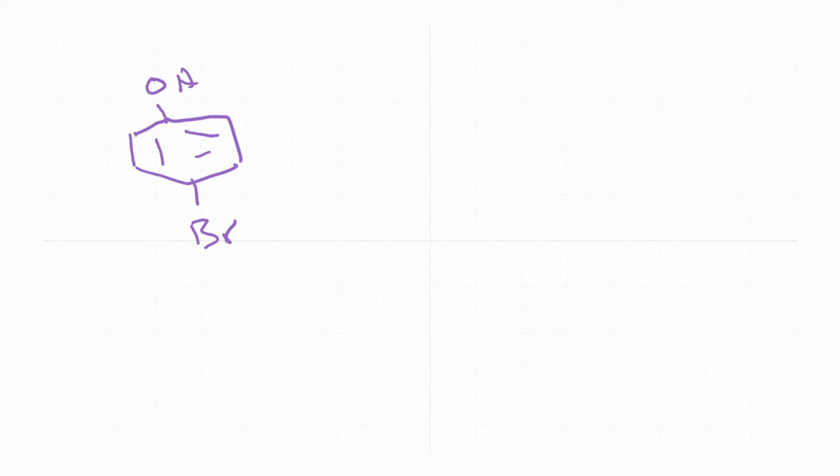But the phenol is still reactive enough, and so it can sort of now react with another mole of bromine, and this time it's going to attack in the following manner and kick out bromide. And we'll stick to the same sort of numbering schedule: 1, 2, 3, 4, 5, and 6.